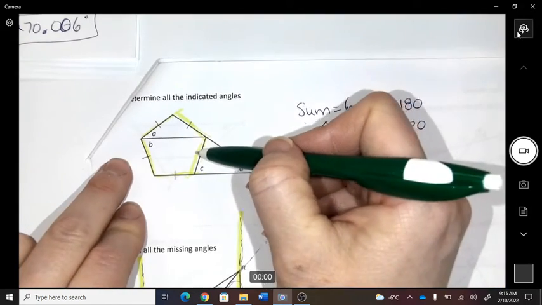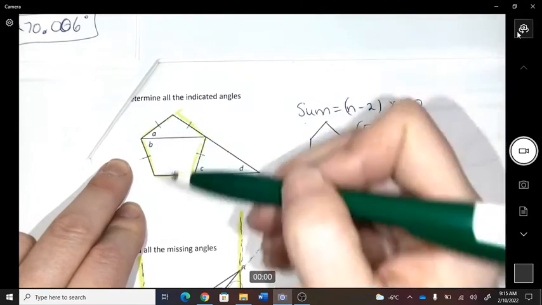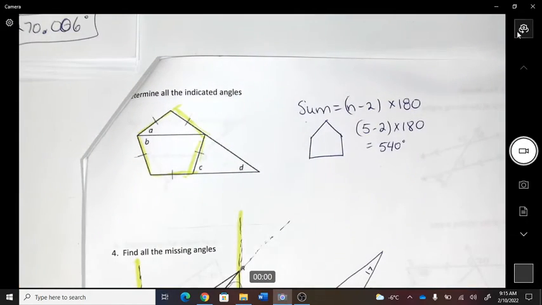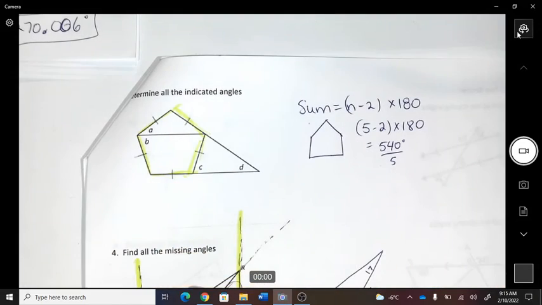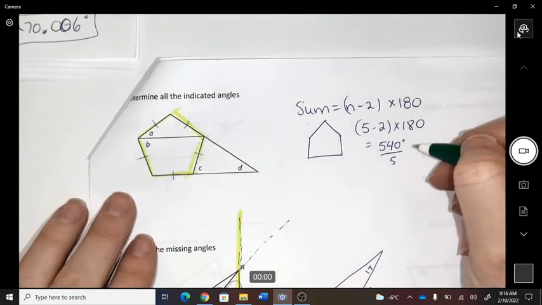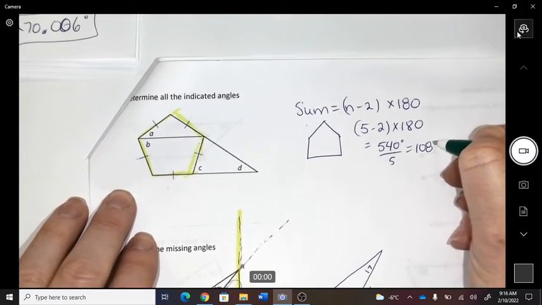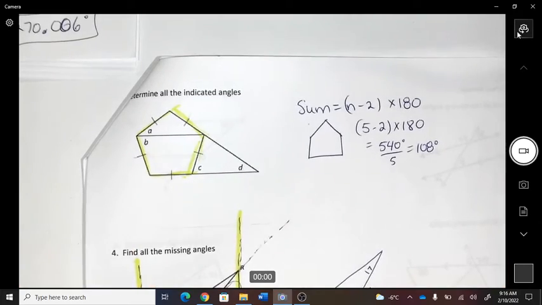What do these mean, these lines? They're all the same, so all the angles will be the same. You also might hear me just say regular pentagon. If I say regular, it means all the same. So if I divide by 5, each angle is 108 degrees.